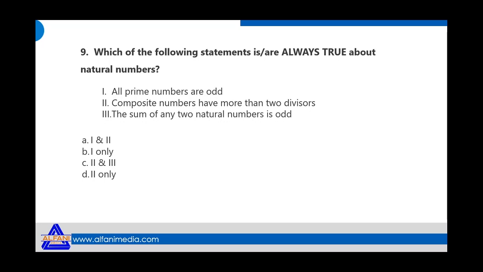Now, all prime numbers are odd. Prime numbers include, so even the first prime number that we have makes this false, so this is not true. Our prime numbers consist of 2, 3, 5, 7, 11.